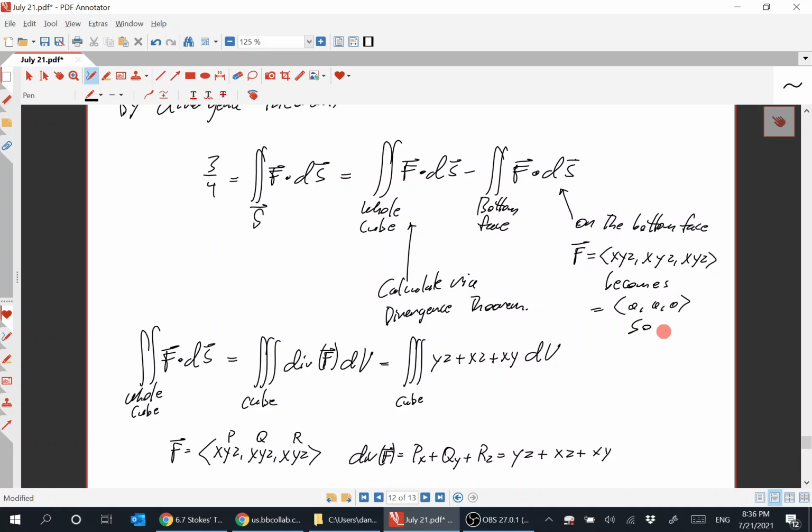So the flux on the bottom face is 0. So the answer is 3/4.